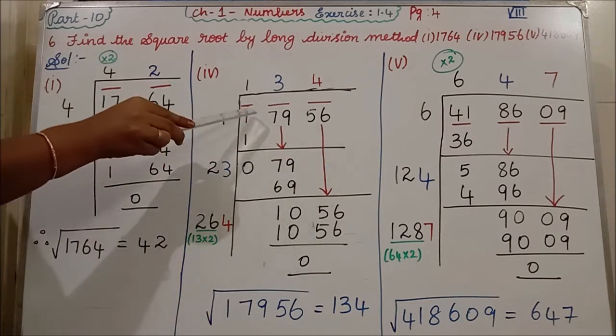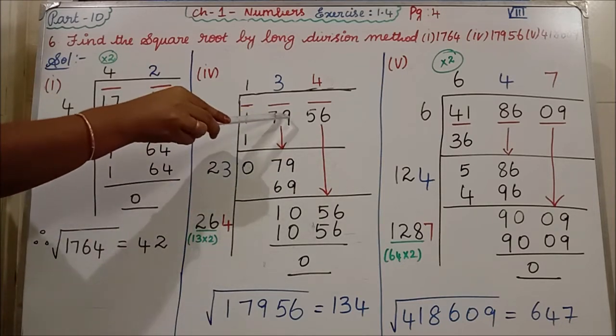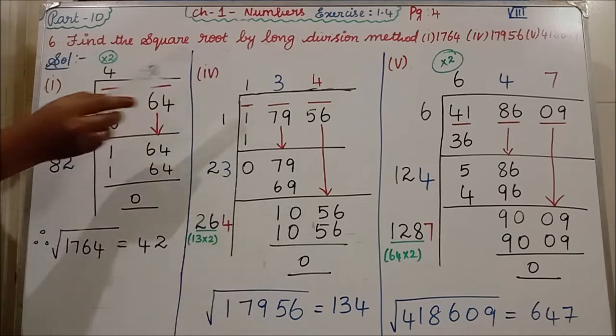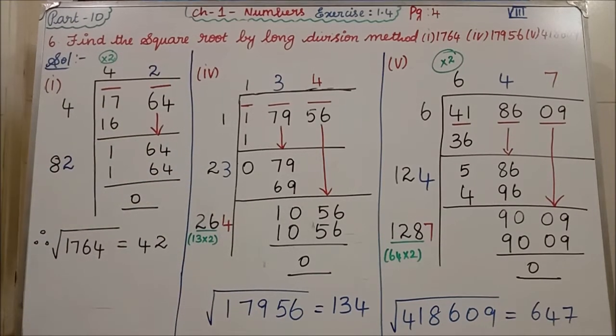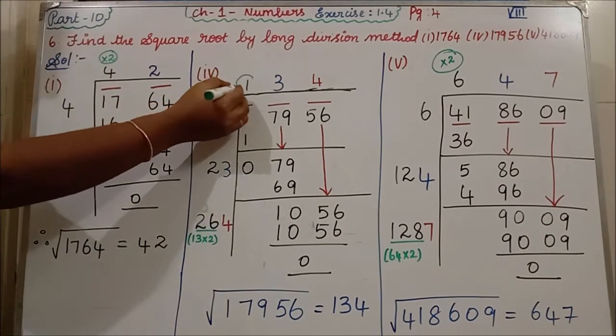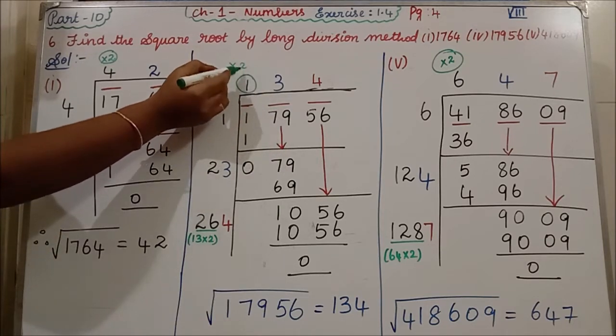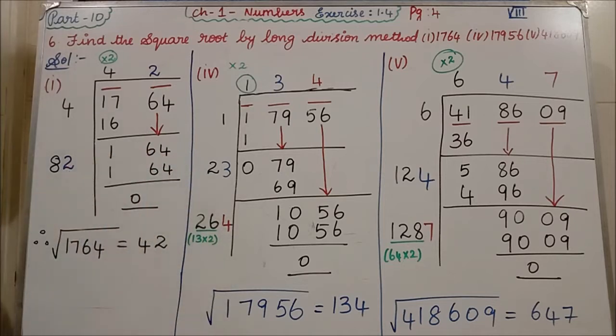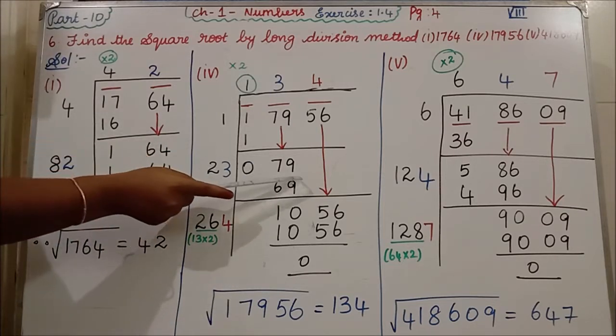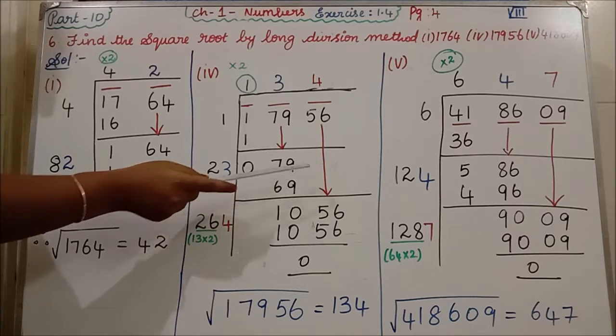Put the line, 1 minus 1 is 0, bring down the 79 together. Then what is the next step? This 1 you multiply with 2, isn't it? So 1 twos are 2, and that 2 you write. Now see here, what number is it ending with? 9.